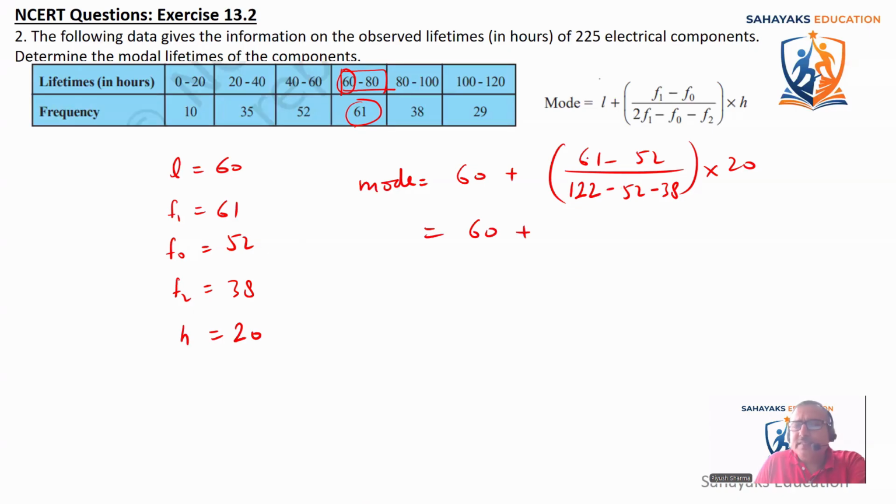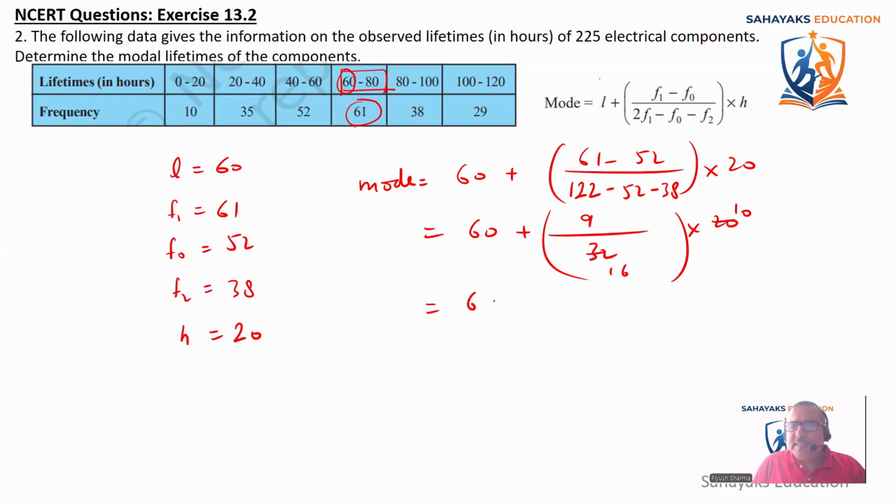It is 60 plus 61 minus 52, which becomes 9, divided by 122 minus 52 and 38. 52 and 38 is 90. 122 minus 90 becomes 32, into 20. So we can say 2 tens are 20, 2 16s are 32.